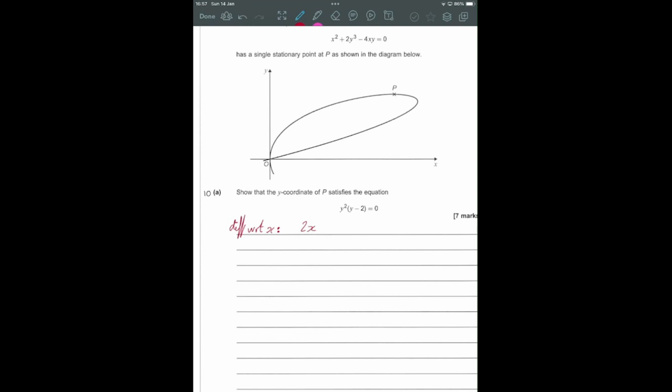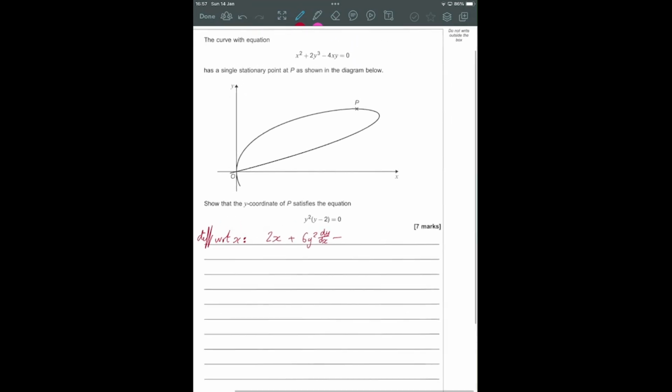Differentiating it, x squared differentiates to 2x. 2y cubed is going to differentiate to 6y squared, because it was a y thing and I'm differentiating with respect to x, so I need the dy by dx correction term. And then finally the last term is going to be a product rule.